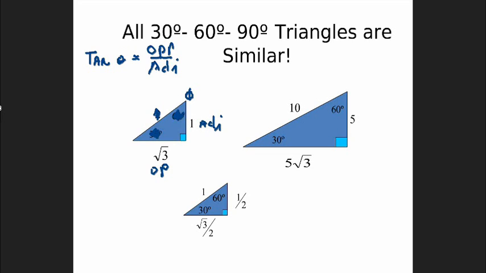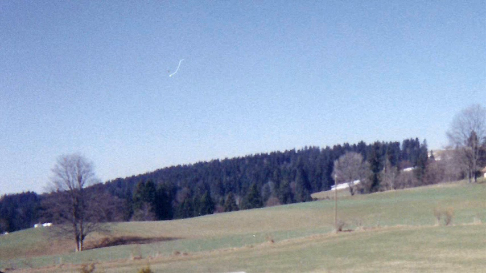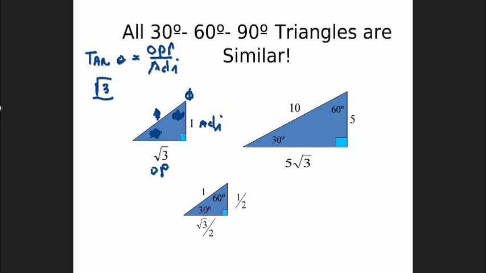Well, what is my opposite? My opposite happens to be the square root of 3 for this triangle over 1. That's my ratio. And the square root of 3 is 1.73. Let me just check that again. Yep, 1.73, and I'm going to divide that by 1, which is 1.73.